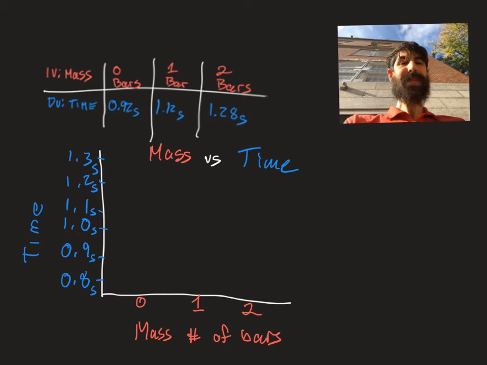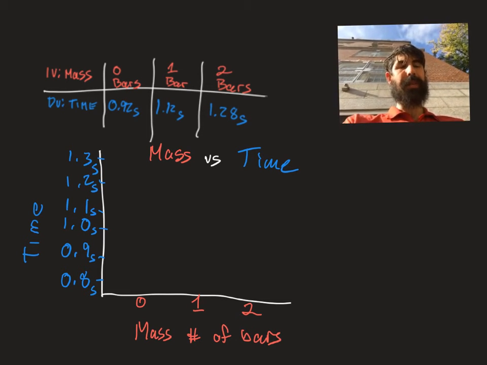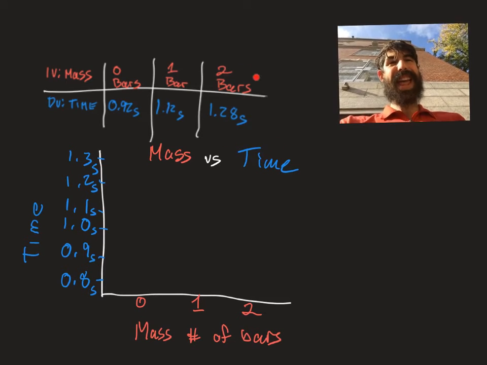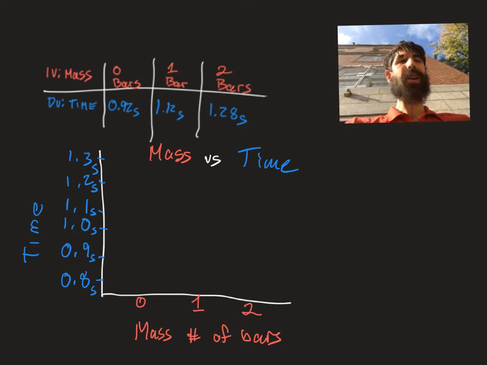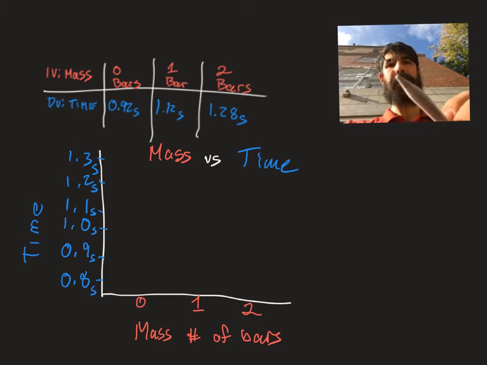So I've actually got most of a graph right here. I've got values and labels for my x-axis, values and labels for my y-axis, and a title, and a data table. So now the graph itself is a piece of cake.